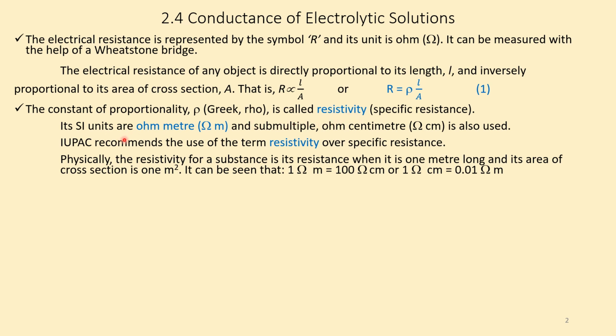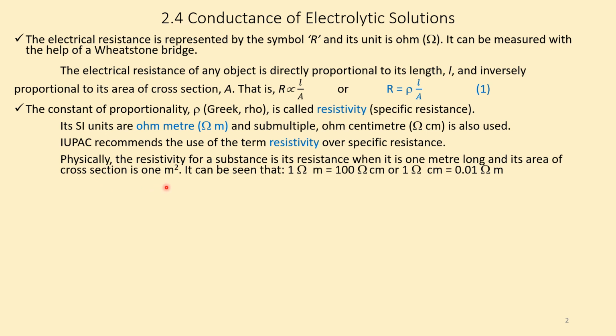The SI unit of resistivity is ohm meter, and its submultiple is ohm centimeter, which is used in many practical cases. IUPAC recommends the use of the term resistivity instead of specific resistance. So we are using the term resistivity.